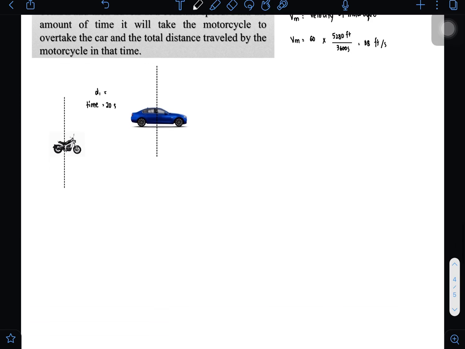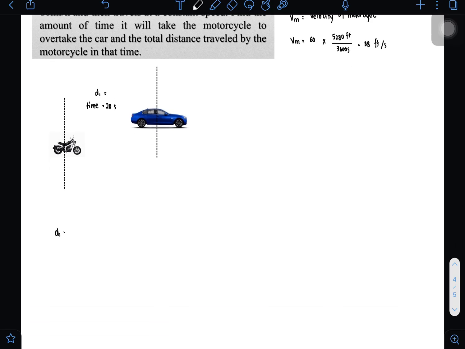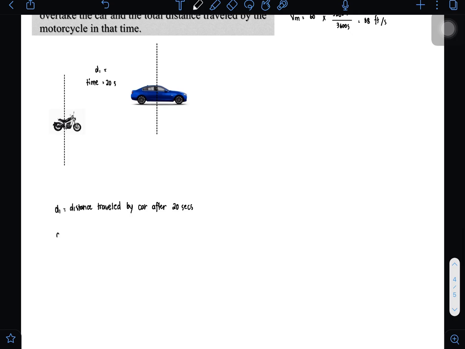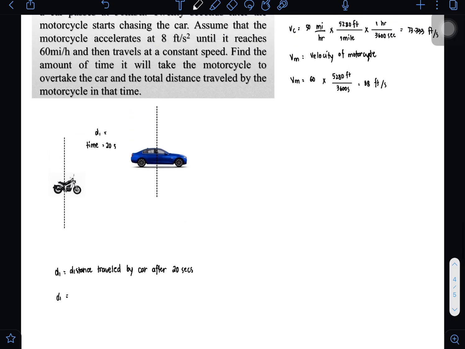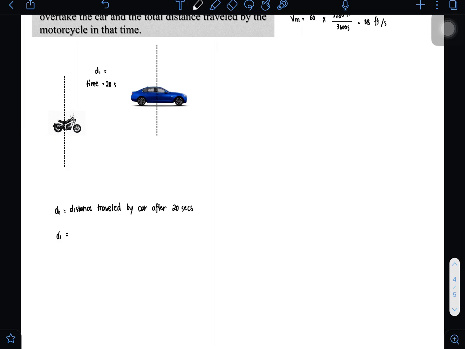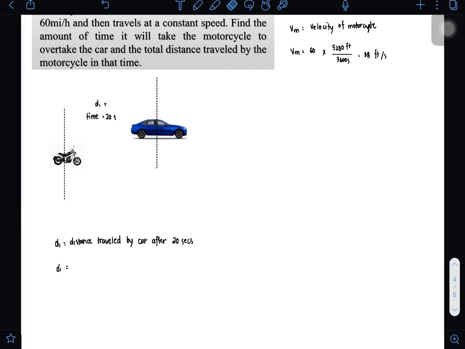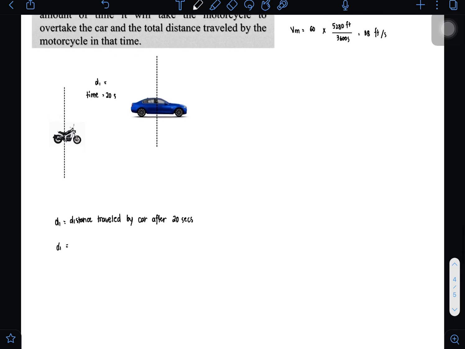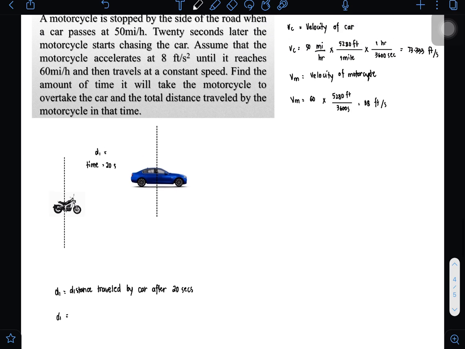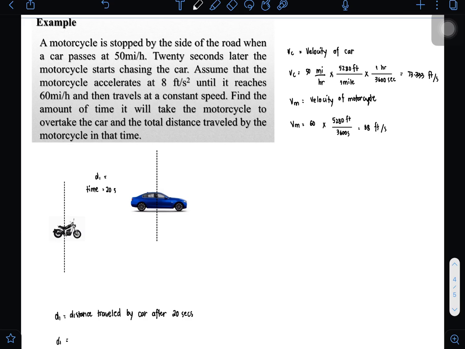Okay, let us get the d1. This is the distance traveled by the car after 20 seconds, moving at a constant speed. We're gonna use distance is velocity times time.